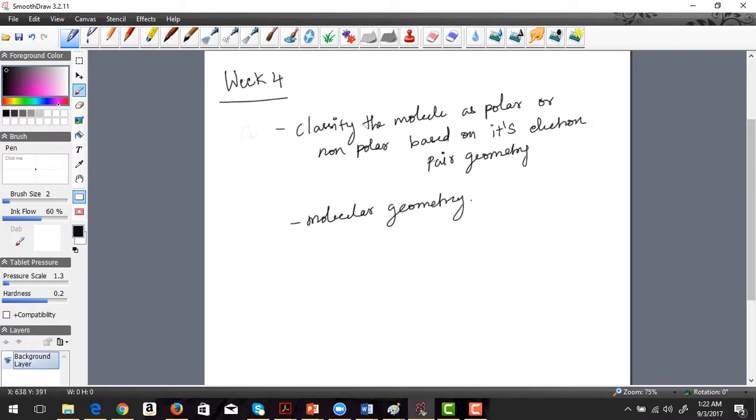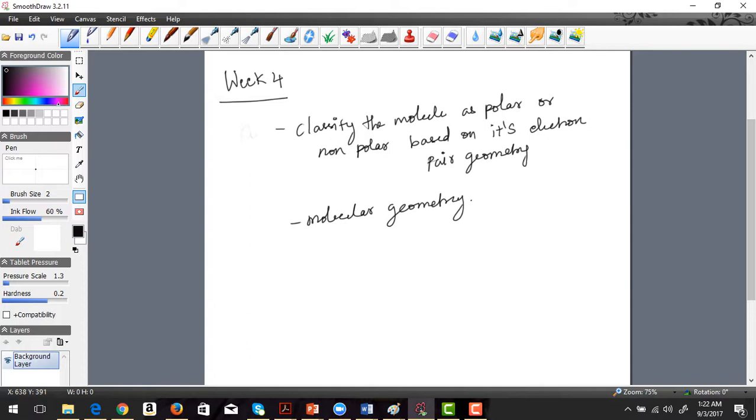That's the agenda for this week. So we're going to classify the molecule as polar or non-polar based on its electron pair geometry, and we're also going to learn about molecular geometry. So that's the agenda for this week.